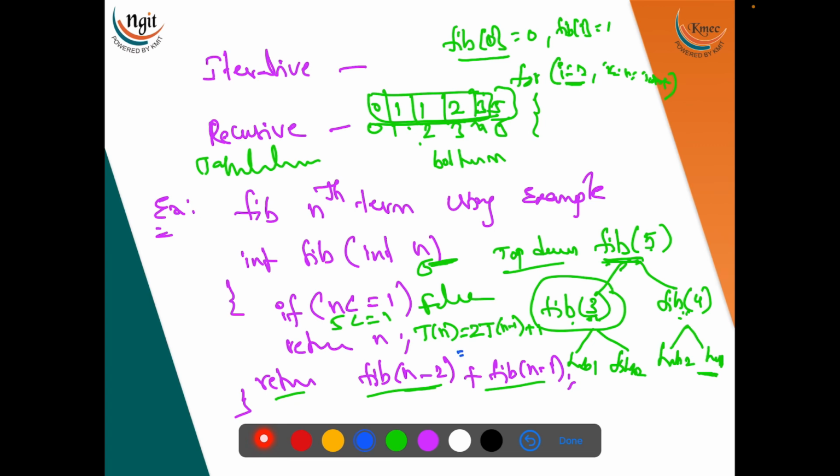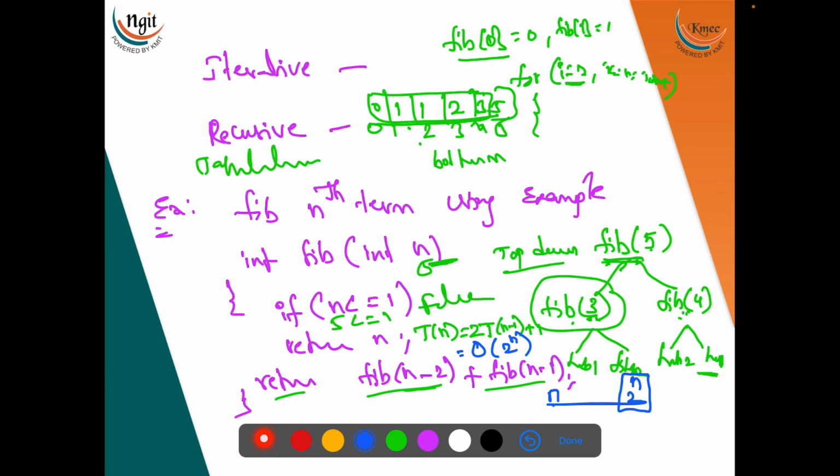Now if you solve this recurrence relation, you will get big O of 2 power n, an exponential value. That means it is the upper bound value, the maximum time complexity. It takes maximum time to get the solution.